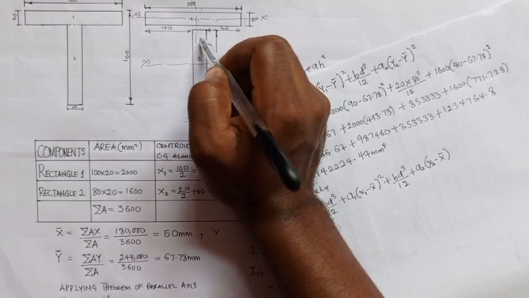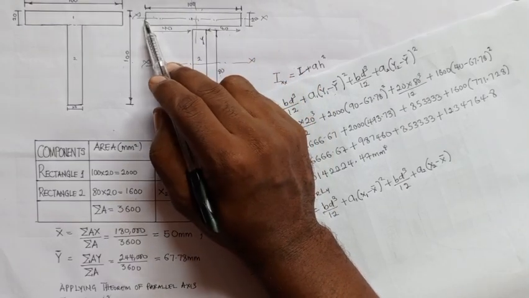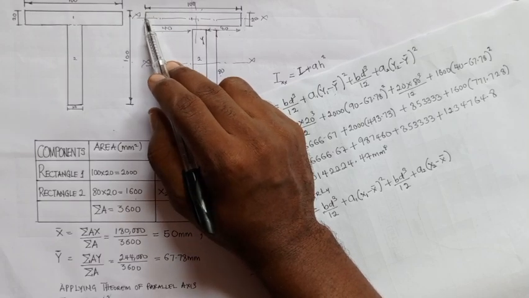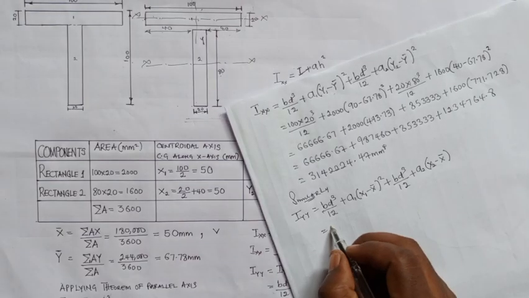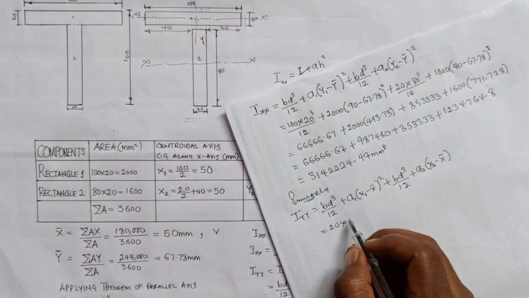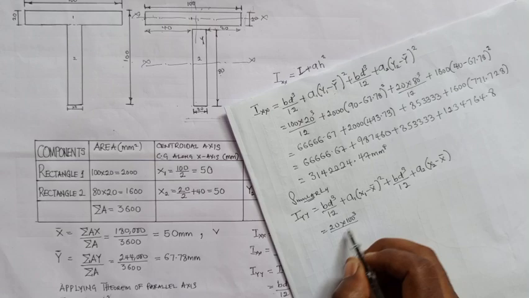This is YY, right? So it means that the height will become the base. The height here, this is 20, so it becomes the base. So it will now be 20 multiplied by the depth, which will now be 100 cube, all over 12.